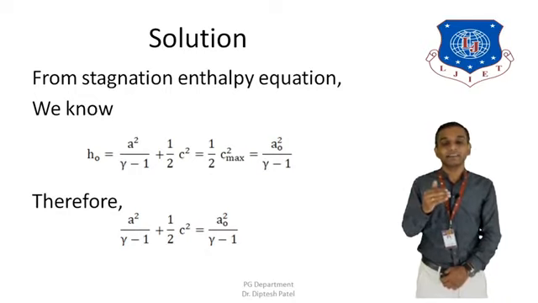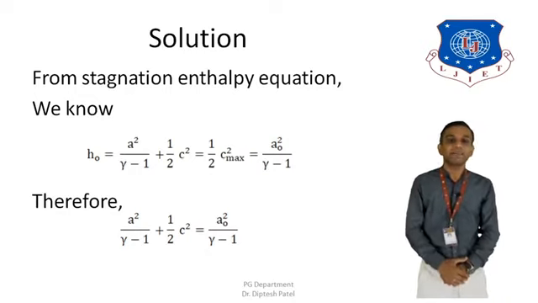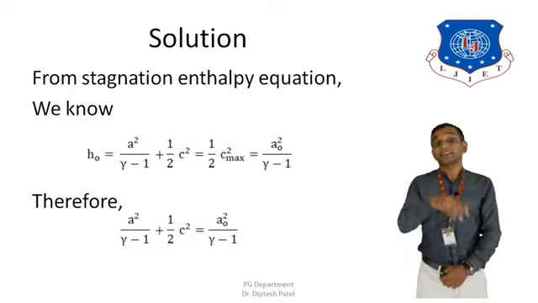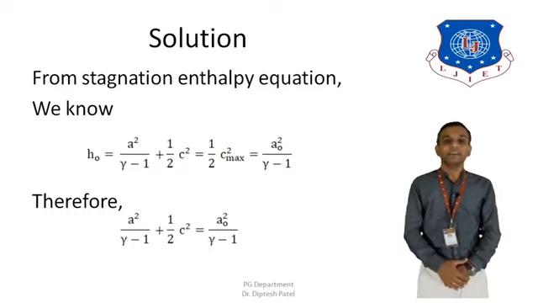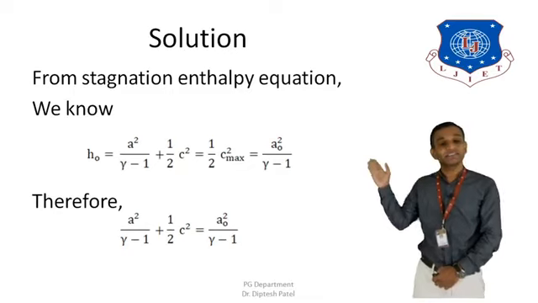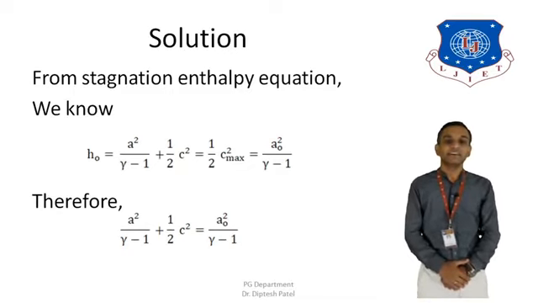It can also be written as 1 divided by 2 C max square, which is equal to A0 square divided by gamma minus 1. Therefore h0 is equal to A square divided by gamma minus 1 plus 1 divided by 2 C square, equal to 1 divided by 2 C max square, equal to A0 square divided by gamma minus 1.